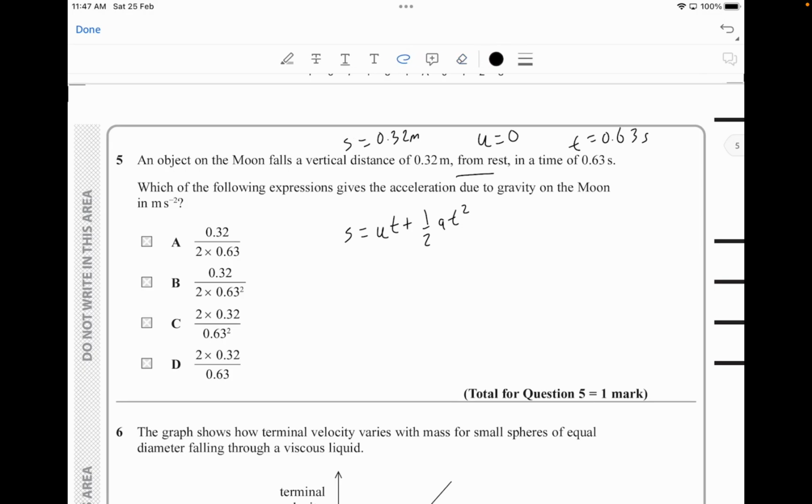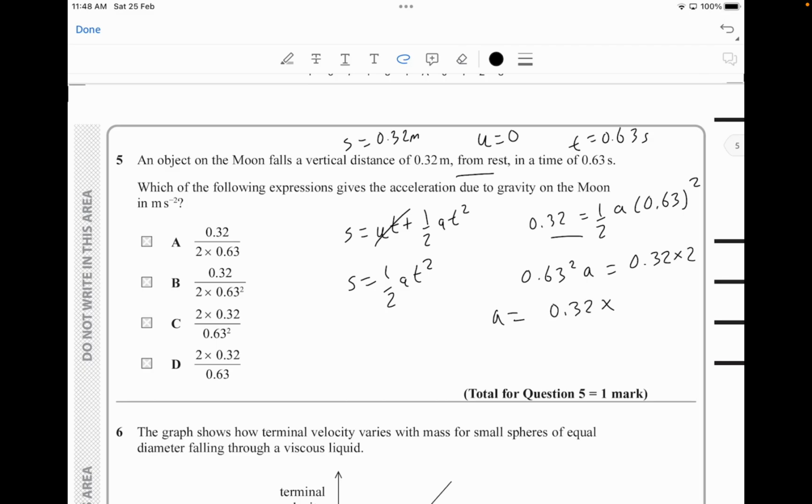So in this case the ut is 0 and cancels out, and you get s equals half at squared. So s, which is 0.32, equals half a times 0.63 squared. Rearranging, a is equivalent to 0.32 times 2 divided by 0.63 squared.